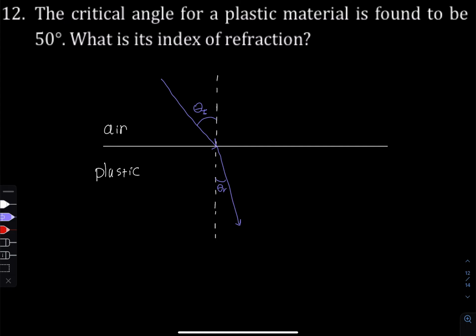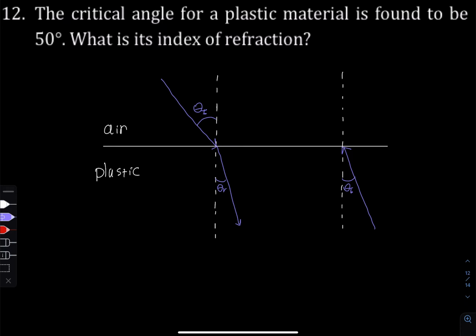Right? But imagine we had the opposite scenario. Let's draw another scenario. We never considered this situation before, where the light is actually coming in from the plastic itself into the air. So we're going to have the angle of incidence.